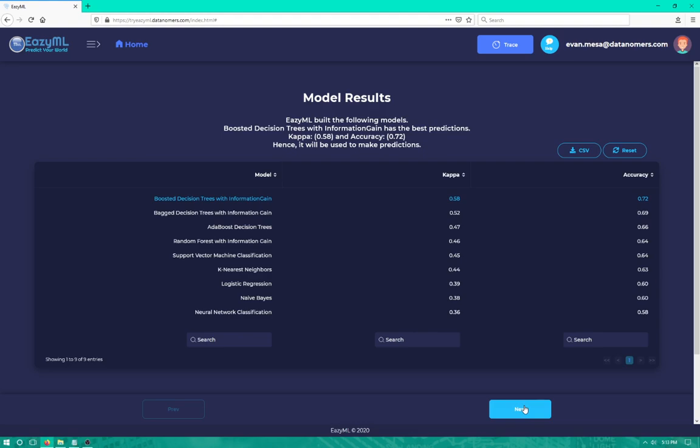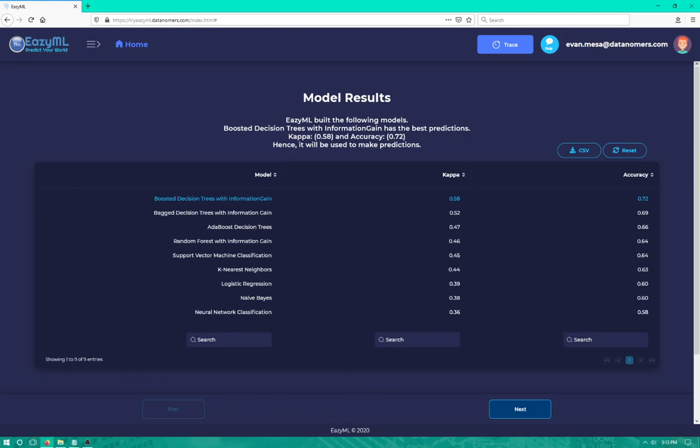So here we are at the model results page, and at the top there is a boosted decision trees with information gain, with an accuracy of 72%. If you're a data scientist or someone who wanted to do this data science problem with your data set, you would either have to make educated guesses or trial and error your way through all of these with the various settings to try to find a model that got to this level, maybe.